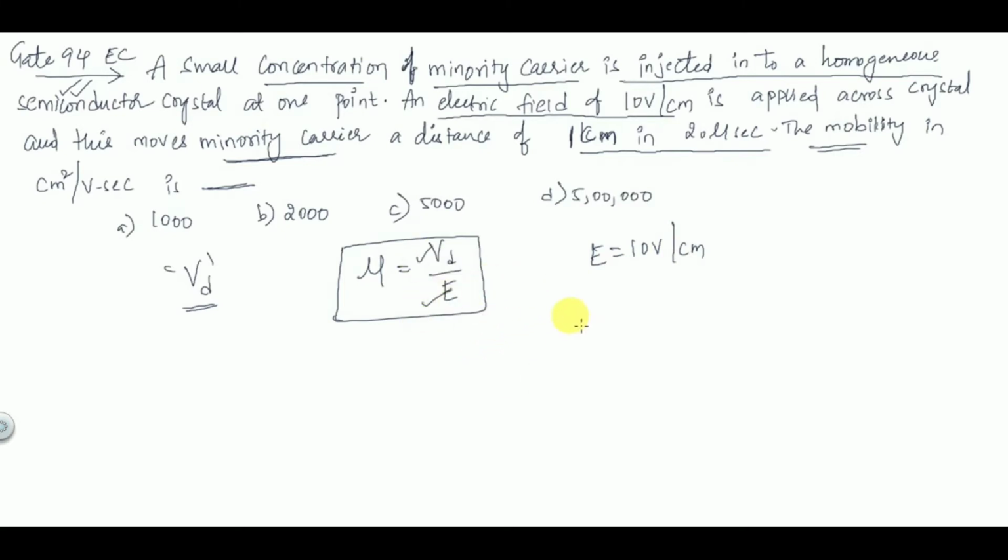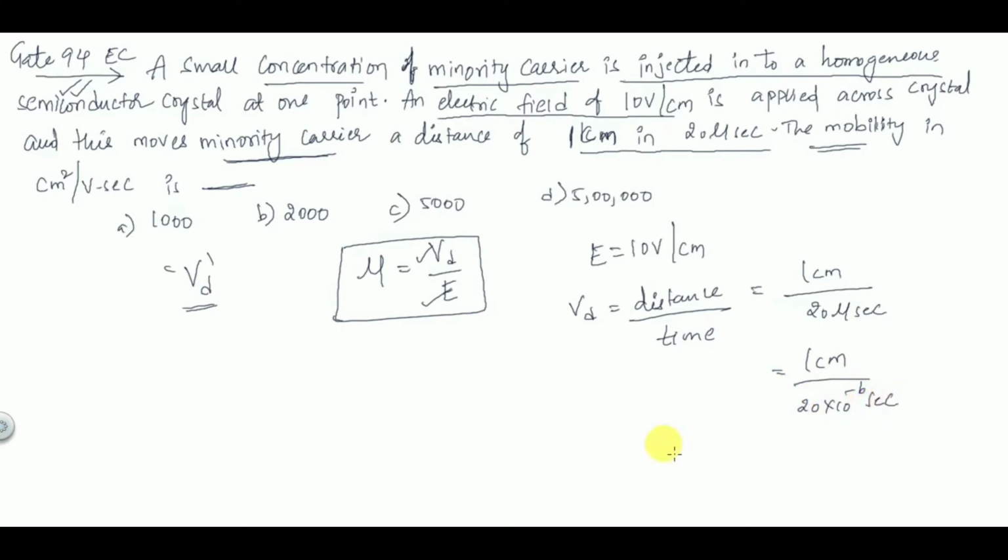Now we have to find Vd. Velocity is always distance by time. What is the distance it is traveling? 1 centimeter, in how much time? In 20 microseconds. So Vd will be 1 centimeter by 20 into 10 to the power of minus 6 seconds.